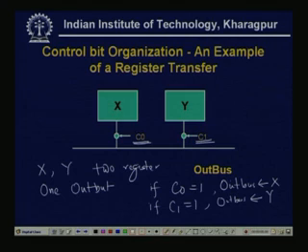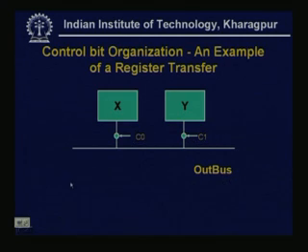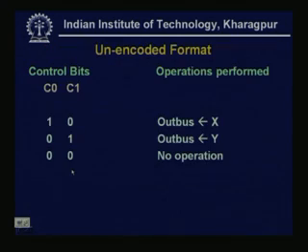So, this is the register transfer. Now, here each operation can be performed one at a time, because there is only one out bus. So, a single bit can be assigned to perform each transfer in this way. Say, first we consider the unencoded format. This is the normal, simple situation that when each control bit is 1, one operation is performed.